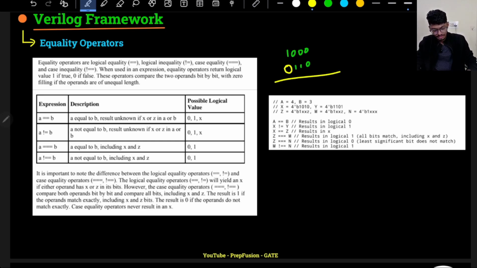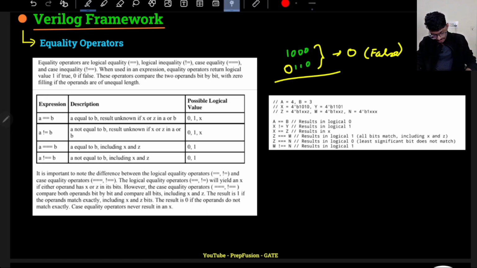Now it will check the equality. I see the first bit is okay, so it will give true, but for the second bit it is not equal, right? So hence the overall result will evaluate to 0, that is false. Okay. That's why a equal b results in logical 0.